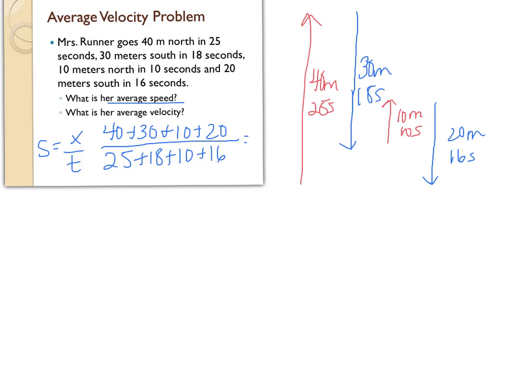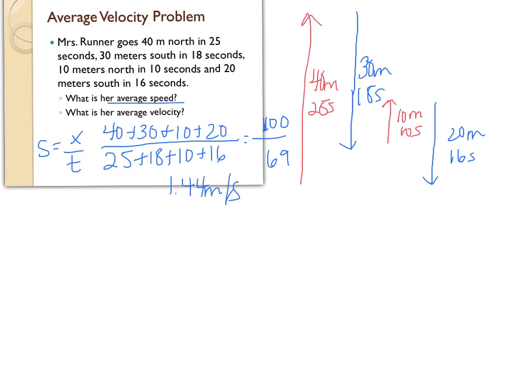All right, so 40 plus 30 plus 10 plus 20 is 100 over 25 plus 18 plus 10 plus 16, over 69. So you do 100 divided by 69, and you get 1.44 meters per second, or 1.45 if I round it correctly. All right, do I need a direction? Hopefully you're saying no, because speed is scalar.